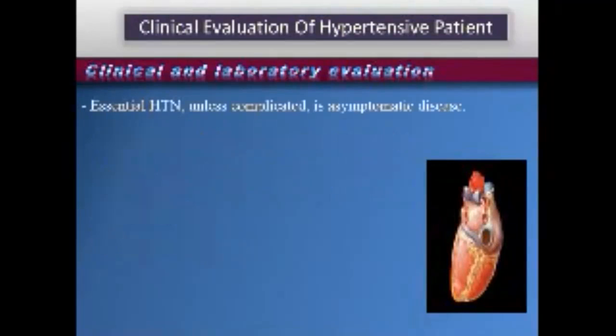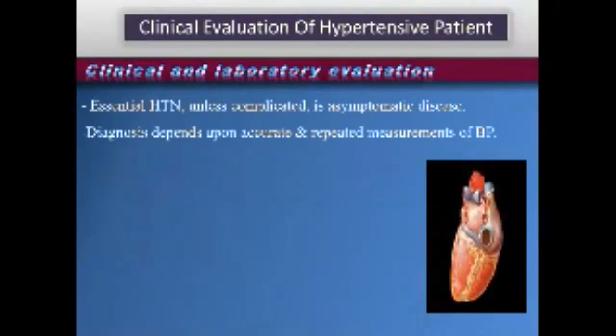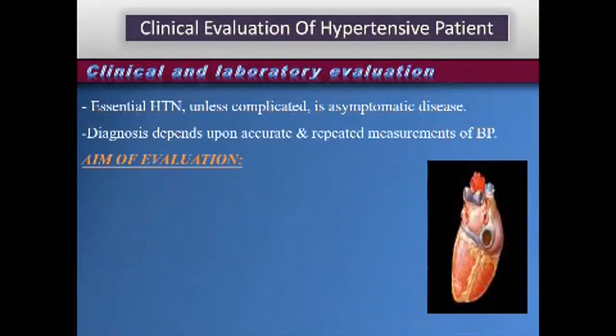The last item in the topic will be laboratory evaluation. Essential hypertension, unless complicated, is usually asymptomatic. Diagnosis depends upon accurate and repeated measurement of the blood pressure. What is the target of our evaluation?